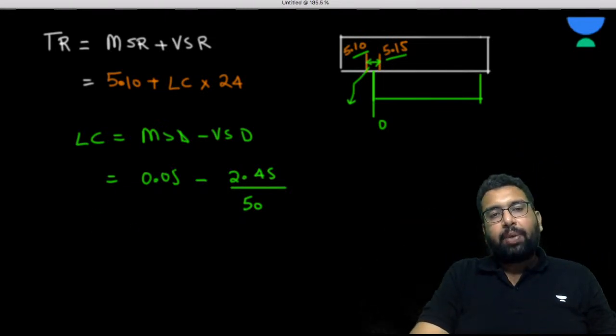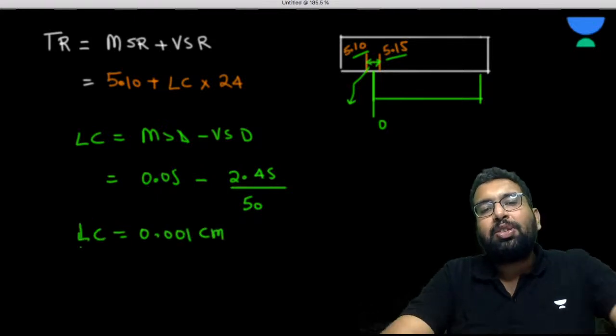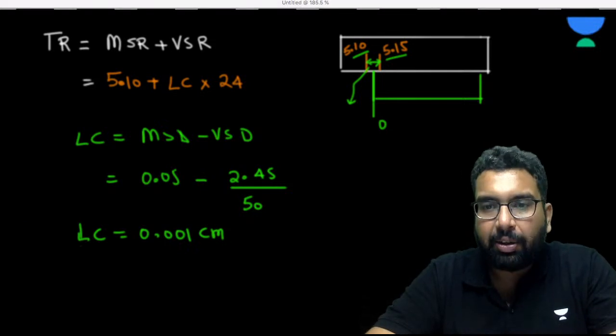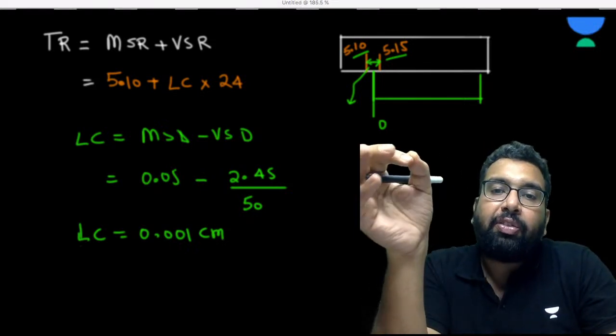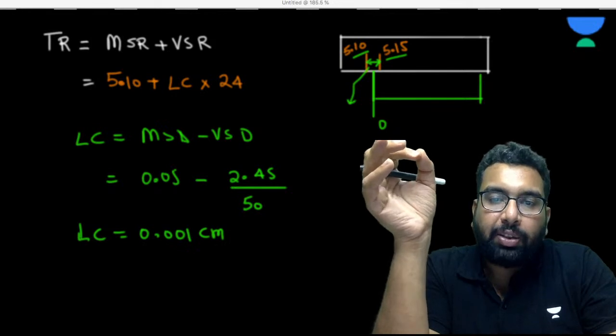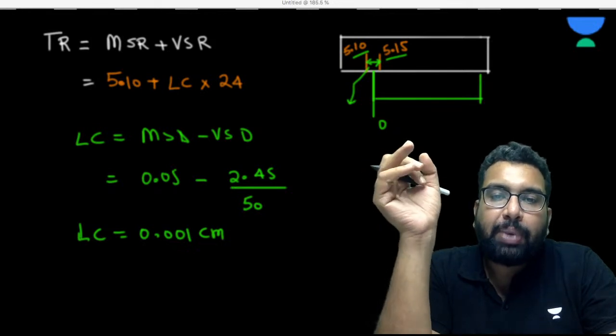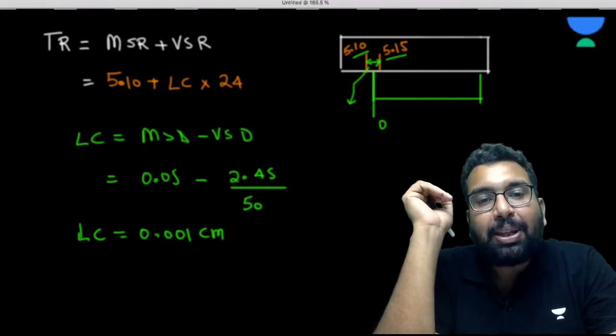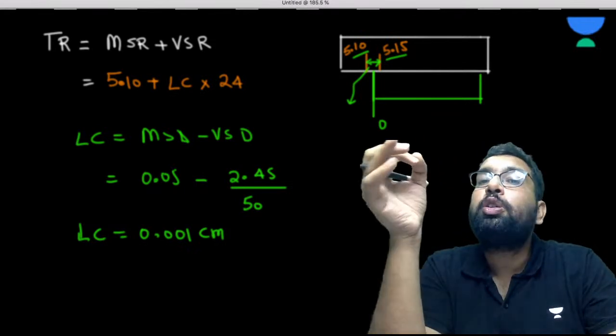When we calculate it, we get 0.001 centimeter. So here the least count is 0.001 centimeter. From this very vernier caliper we can measure up to 3 decimal places, because the least count is 0.001.